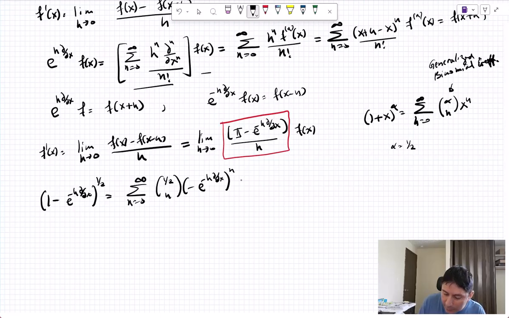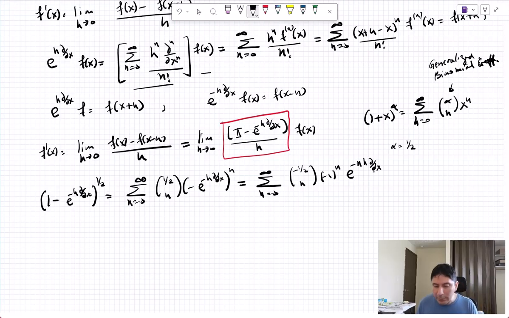So this turns out to be equal to the sum n equals 0 to infinity of minus 1/2 choose n, times minus 1 to the n, e to the minus nh d/dx, basically. So that is the definition of that operator.